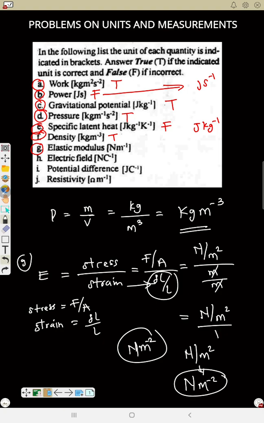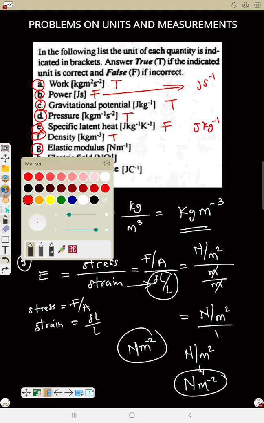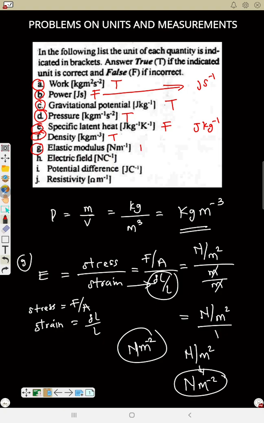But if we check what we have here, is Newton meter raised to power minus 1. So it should be Newton meter raised to power minus 2. So that means the statement is false. So G is false.